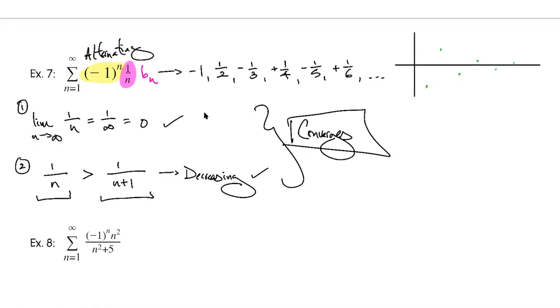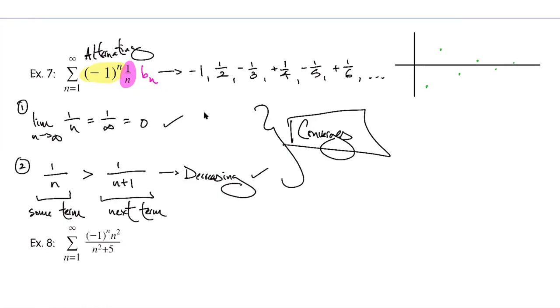All right. Other questions about this alternating series test? So did you write the n plus 1 with the intention of proving that it was decreasing? Yes. Okay. Thank you. So 1 over n represents some term, and 1 over n plus 1 is just the next term in our series.